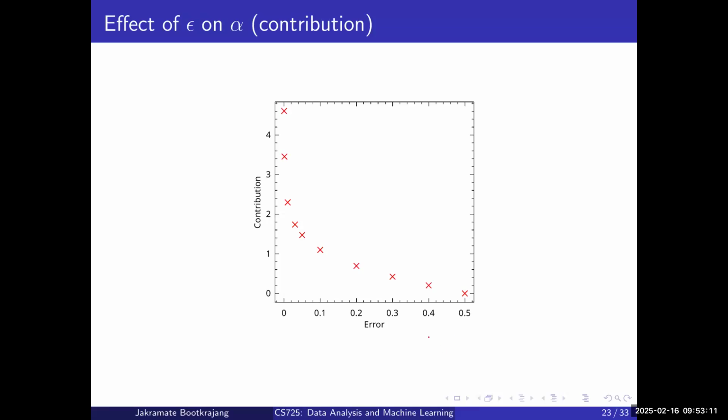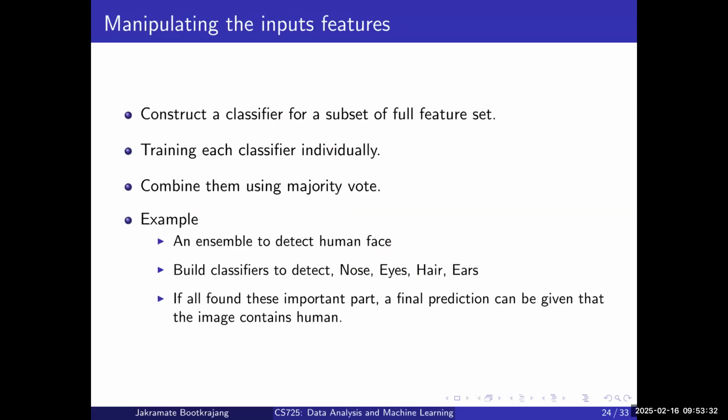So the more error you make, the contribution will go down very fast. So that is about manipulating the training examples. We split the training examples for the bagging. For AdaBoost, we put a weight on it.